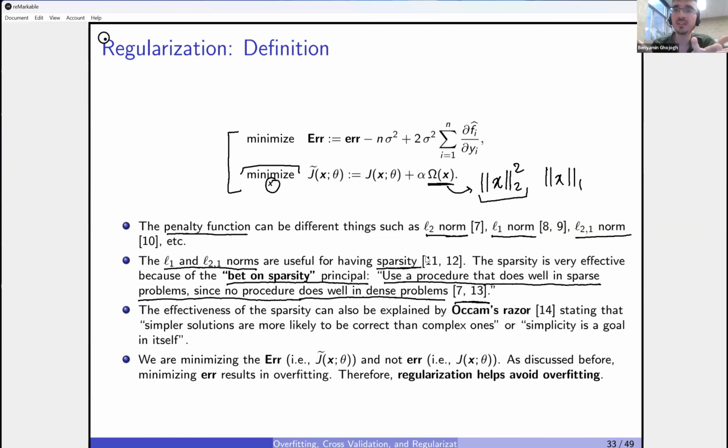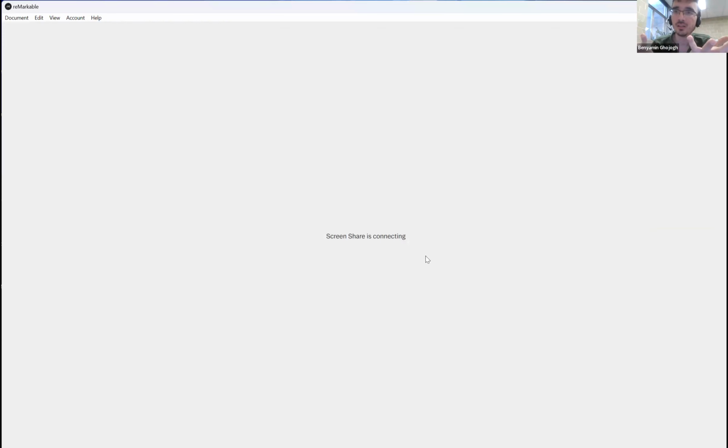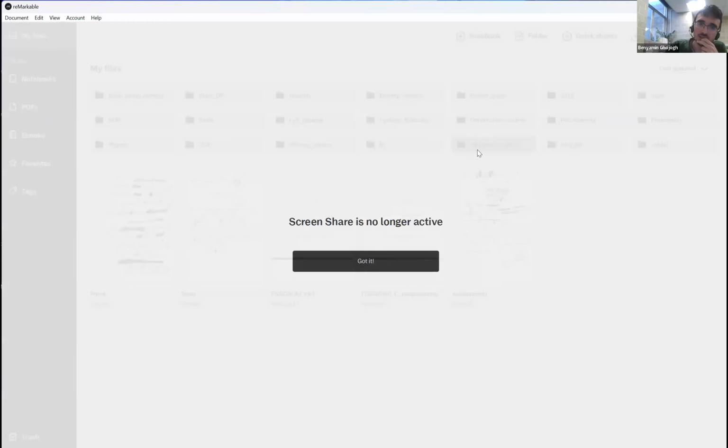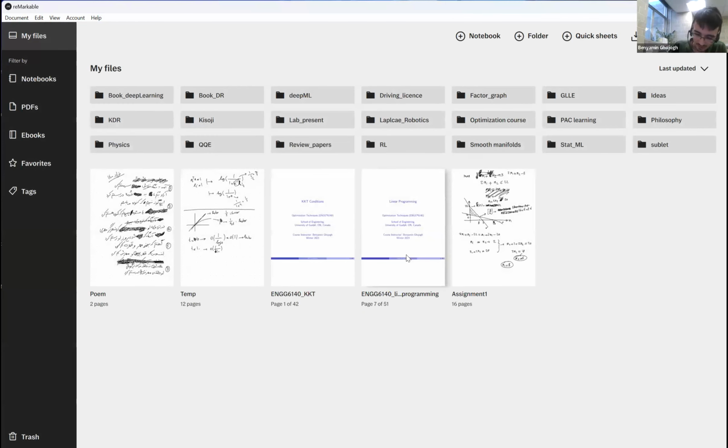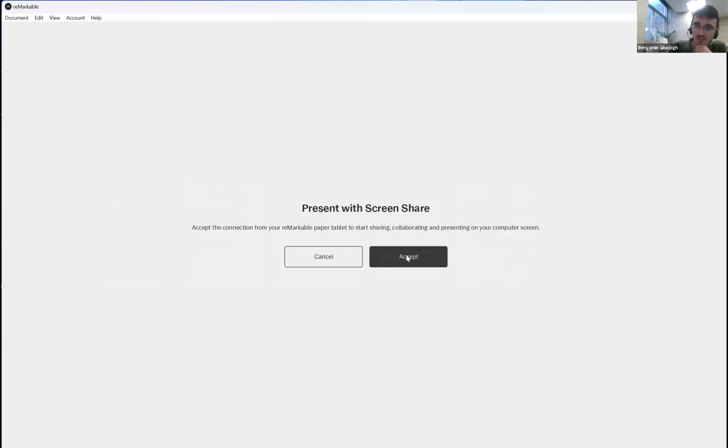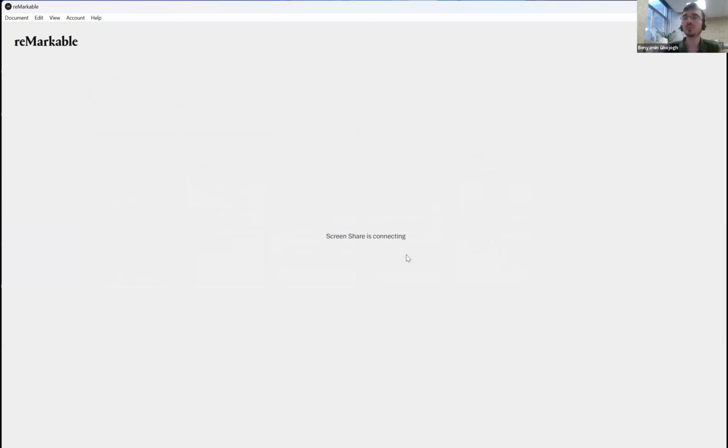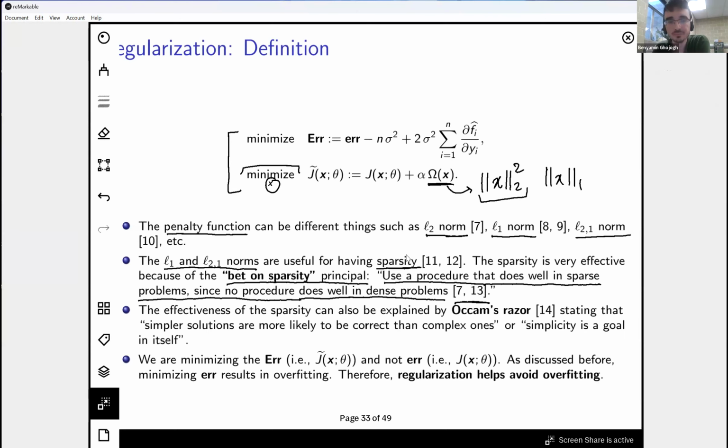Blindly, without looking at the results, I bet that the performance of the sparse model is better.